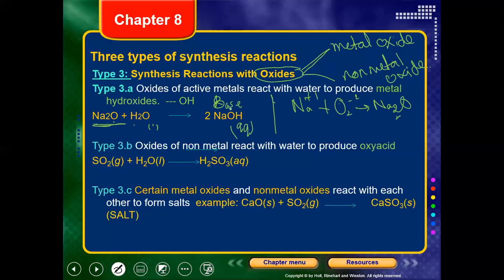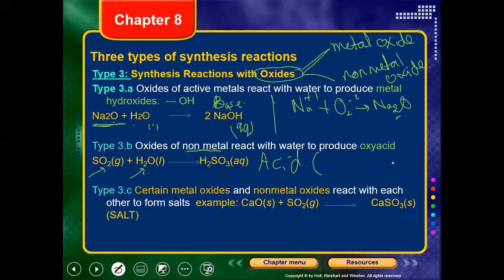The opposite to it, non-metal oxide like SO2, when it reacts with water, the product is an acid. So again, metal oxide with water produces a base, non-metal oxide with water produces an acid. Which type of acids? As you know, there are two types of acids, binary acids and oxyacids.